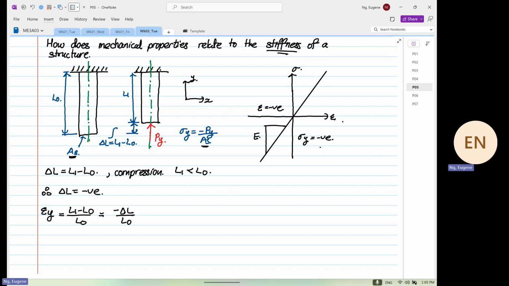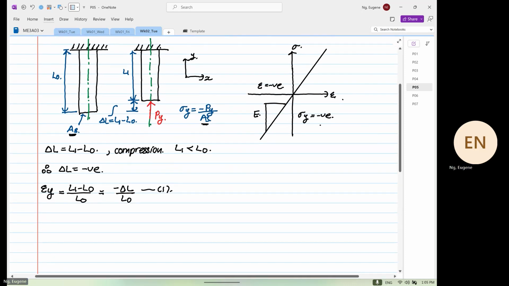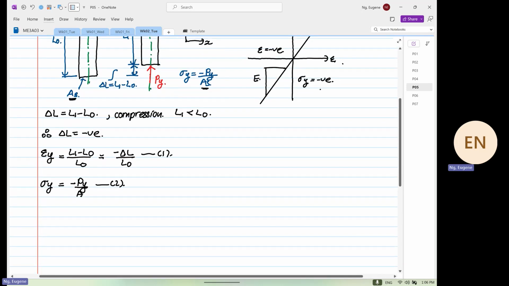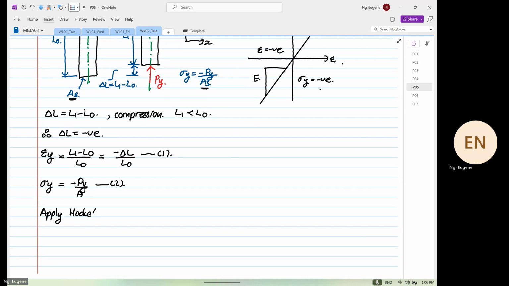So I will address this as my equation number 1. To calculate stress Y will be equal to minus PY over A. This is our equation number 2. Then we are going to apply Hooke's law. Okay.